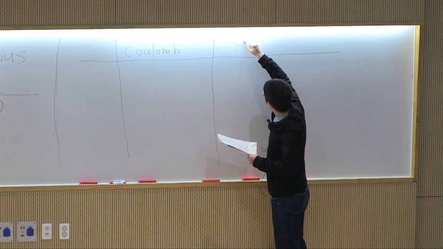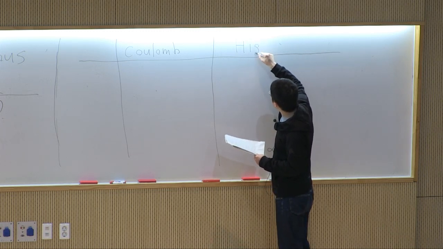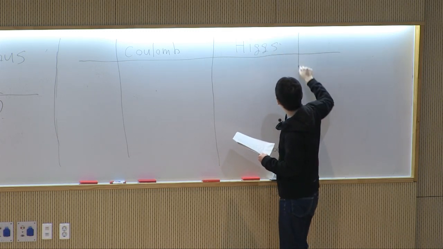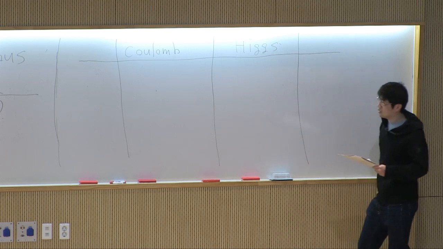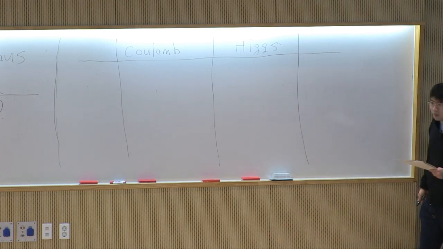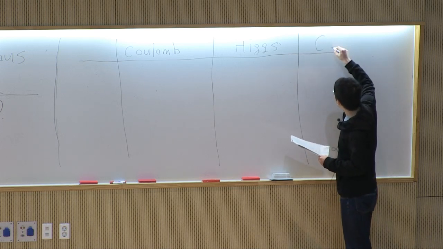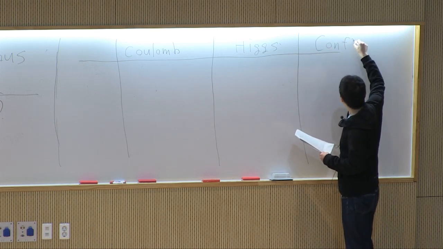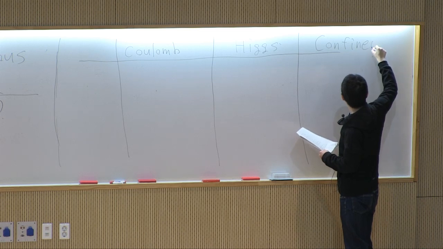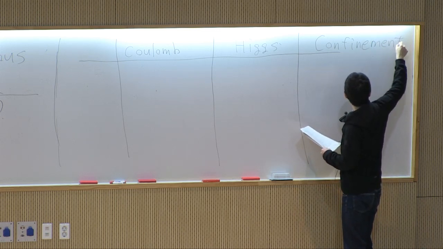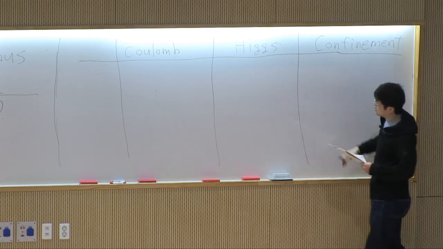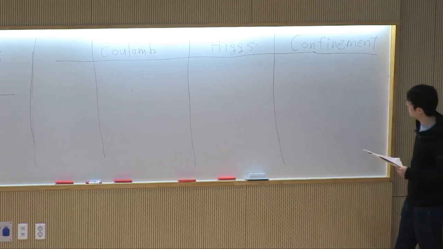And the next phase is a Higgs phase. This is just like the SU2 of the standard model. And finally, we have the confinement phase. This is like the SU3 gauge group of the standard model.